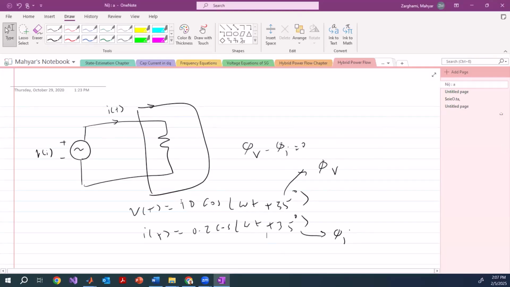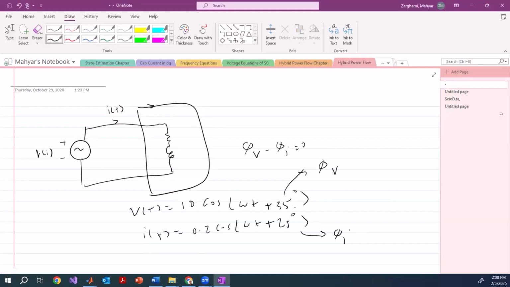Now, if you have a network that is overall working like a combination of resistance and inductance, in this case, if V of t is, for example, 10 cosine of omega t plus 35 degrees, then I of t should be something less than that in terms of phase angle. That's when we say that the current is lagging the voltage. So instead of 35 degrees, it would be something like 25 degrees.